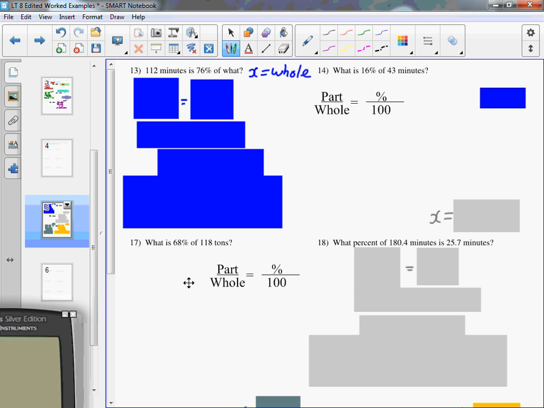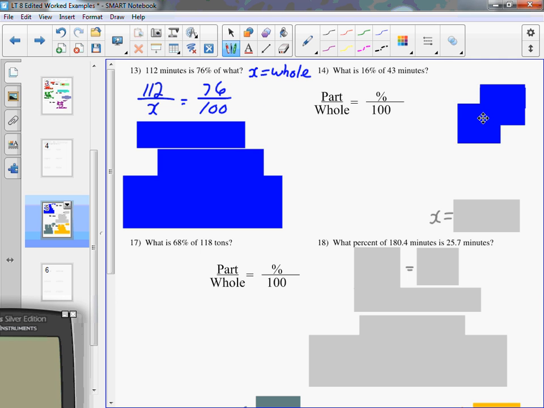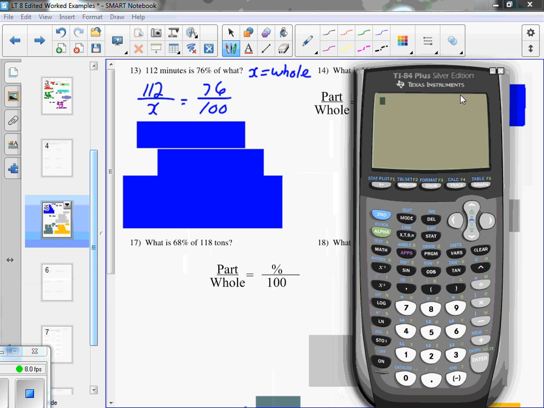All right, so when we write this proportion, 112 minutes, that's your part, to X, because that's the whole, equals 76, because that's the percent, to 100. Once you have your proportion set up, it's time to go to work.